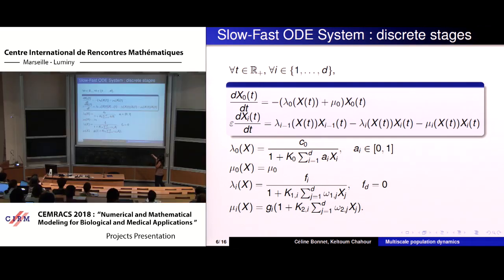And what is very interesting is this epsilon. It shows that the dynamics of the growing follicles is faster than the dynamics of the quiescent follicles.